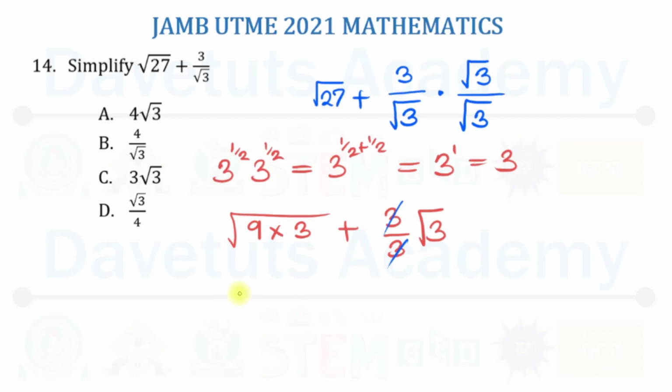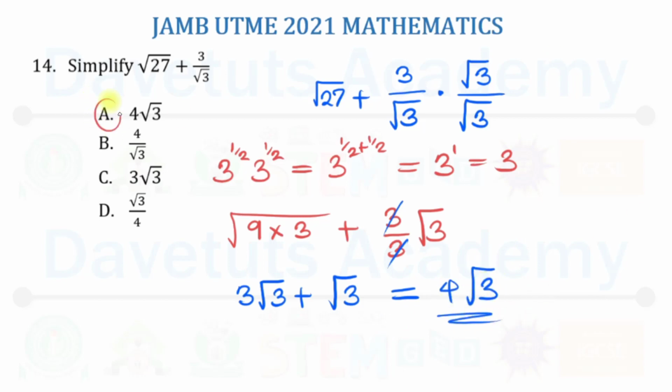So I can just write this out as 3 root 3 plus, here we only have a single root 3, and 3 root 3 plus root 3 is just as if you're having 3x plus x. That will give you 4x. So in this case also, this is nothing but 4 root 3. And from the options, you can see that option A corresponds to that answer.